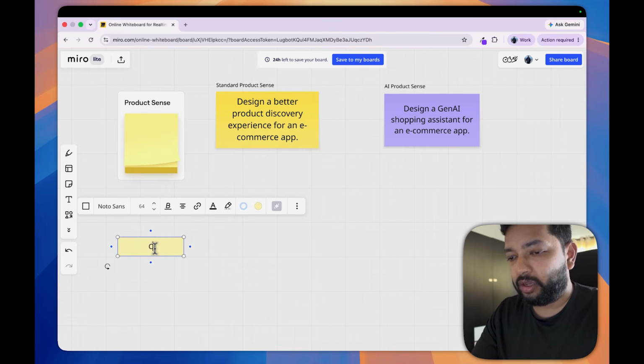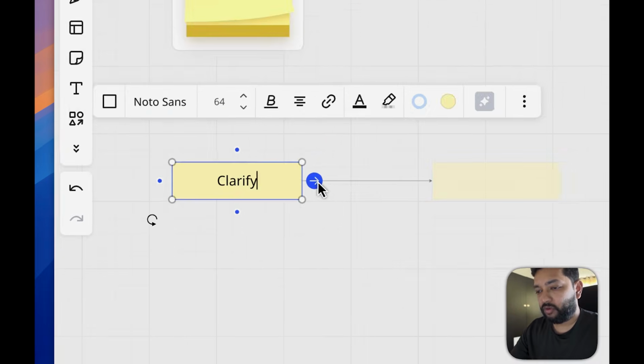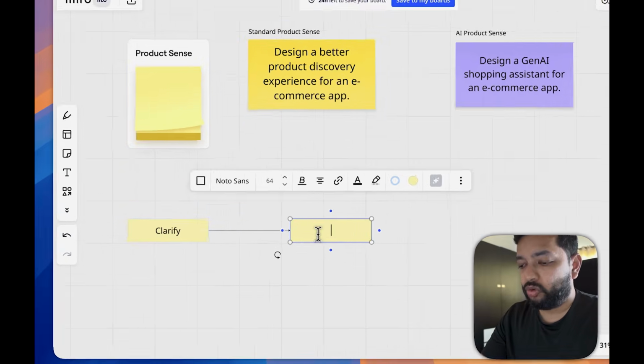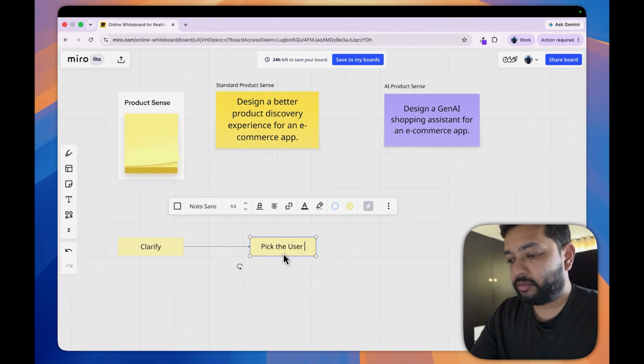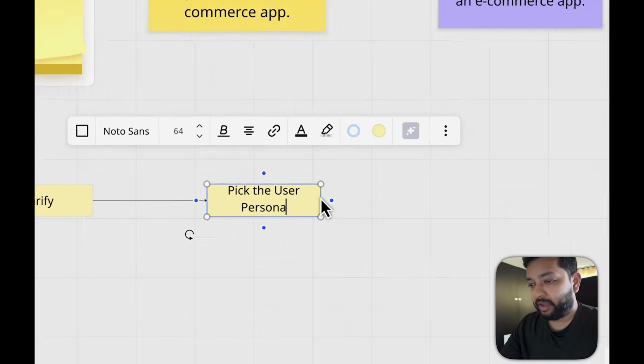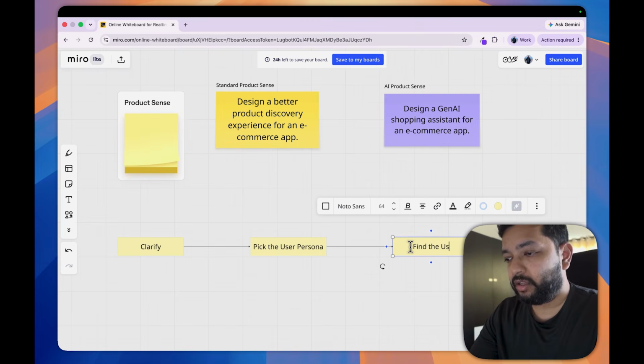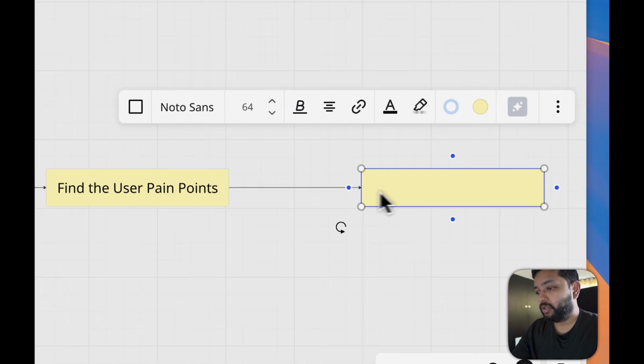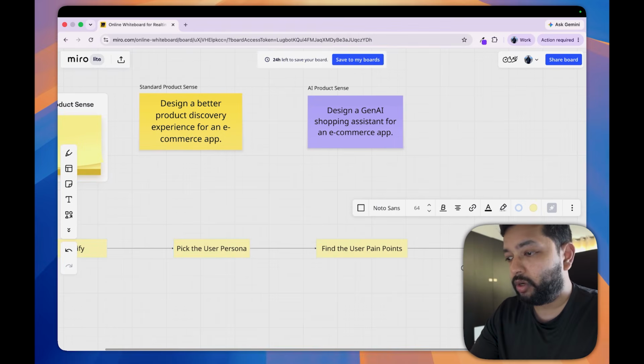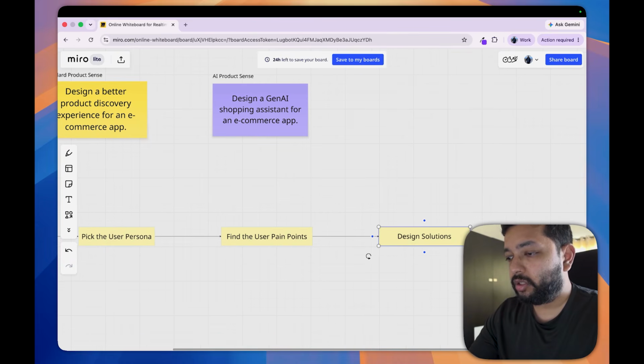Now, the typical framework here is to clarify, of course, then to pick the user or the user persona if I am being accurate about it, then to find the user pain points. Once you've figured out the user's pain points, you then go to designing solutions.